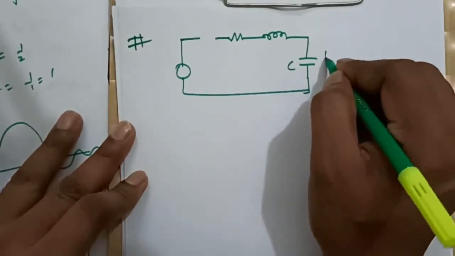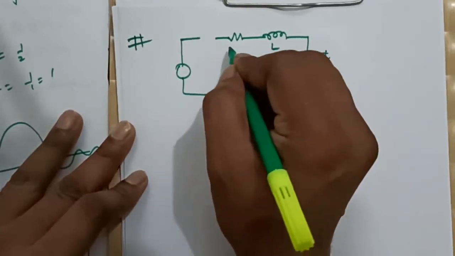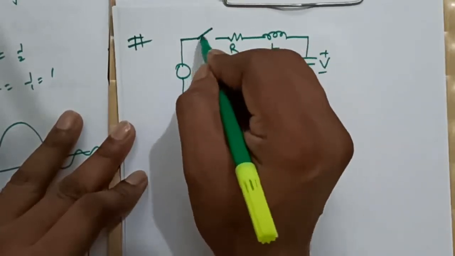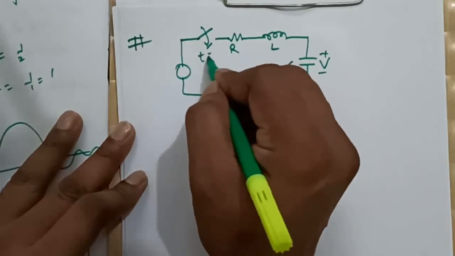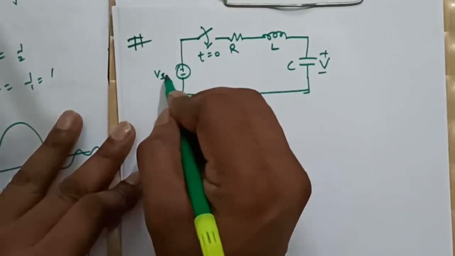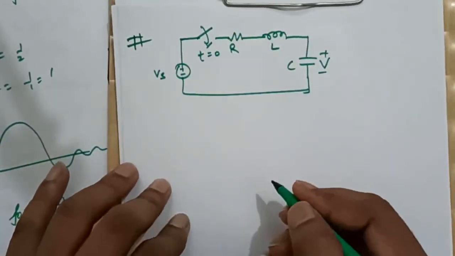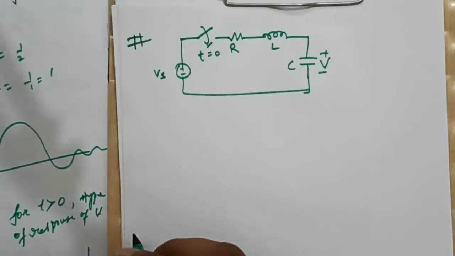Let us say the capacitor was at voltage V, this is L, this is the resistor R. The switch is getting closed at t equal to 0 and a voltage source Vs is applied here, right? In this case the dominant state variable in the RLC series circuit is what? The voltage across the capacitor, right?